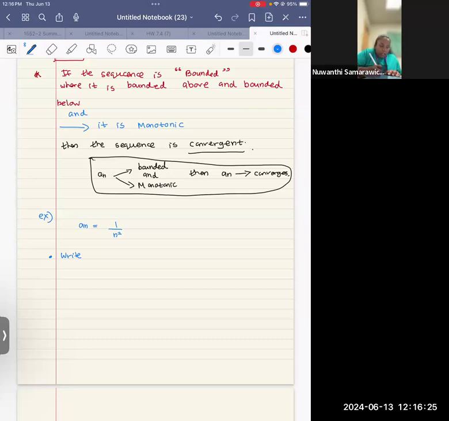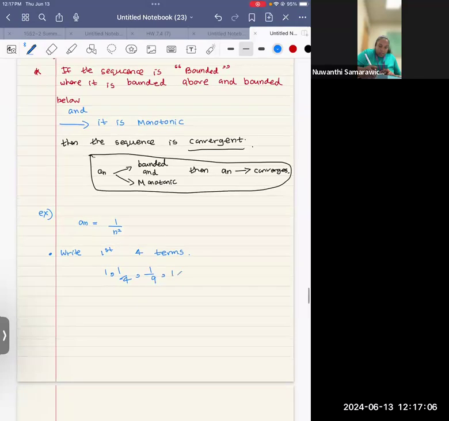So first, can you write the first 4 terms of the sequence? Yes, good, I see the correct answer: 1, 1 over 4, 1 over 9, and 1 over 16.